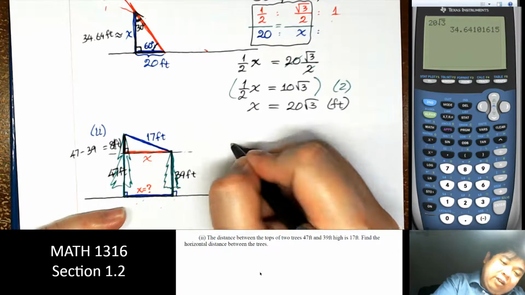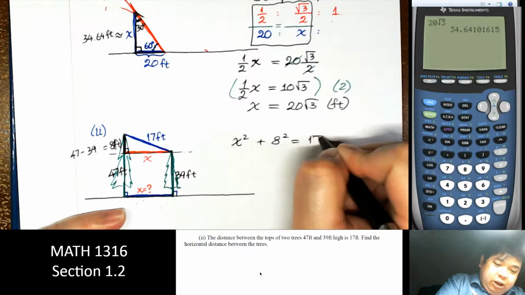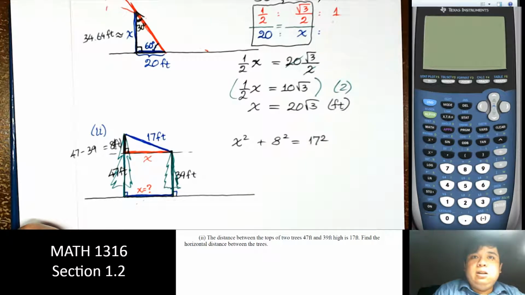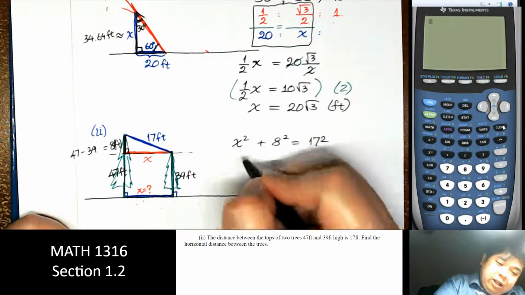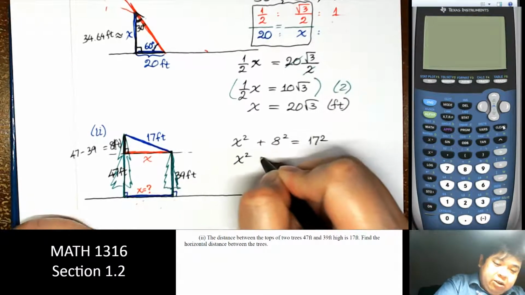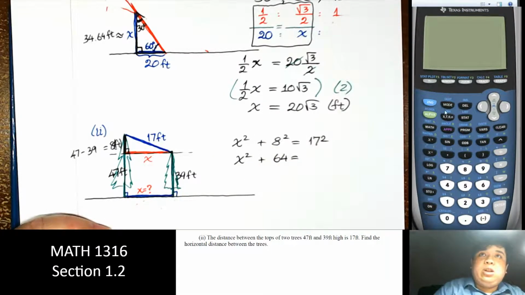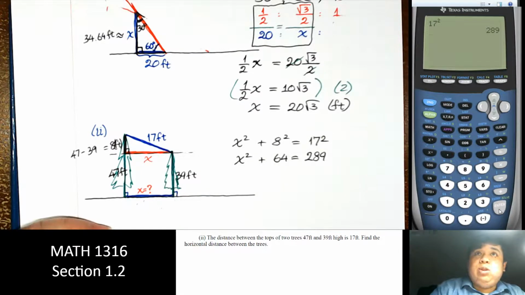So for that we have x squared plus 8 squared equal to 17 squared. We solve for x squared, so subtract 8 squared. First, let's calculate the values. 8 squared is 64, and 17 squared is 289. Let's use the calculator.